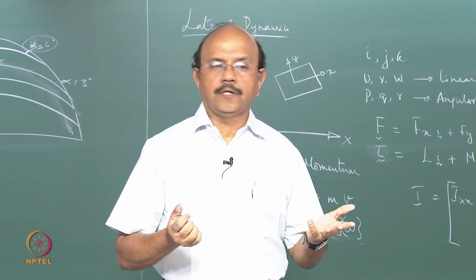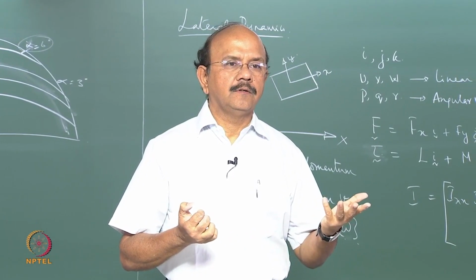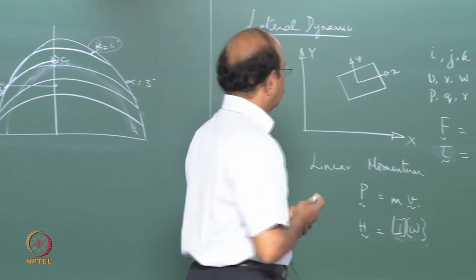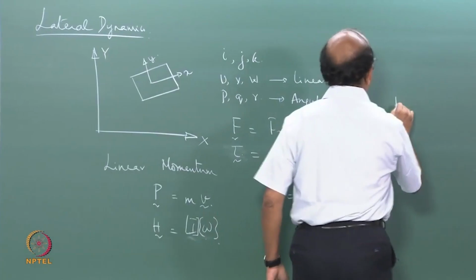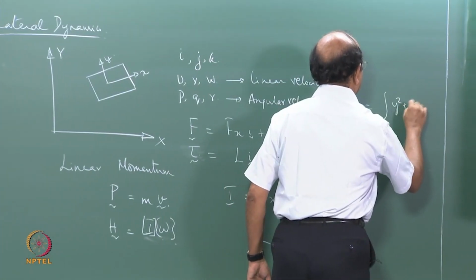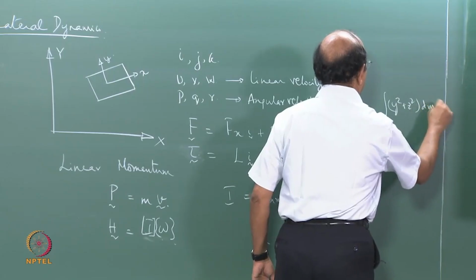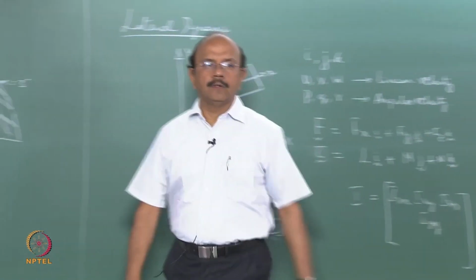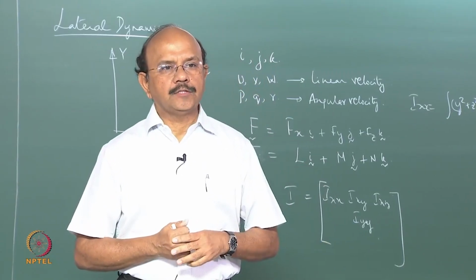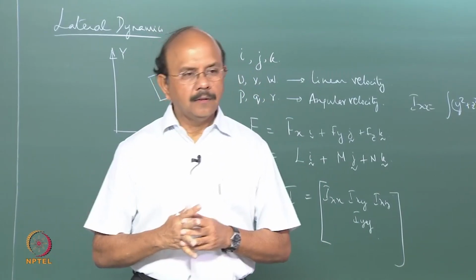So all of you know the definition for Ixx, integral y squared plus z squared dm, right? So you know the definition for Ixx, throughout the volume of the body, and you know also what is Ixy, minus of integral xy dm, right? Okay.